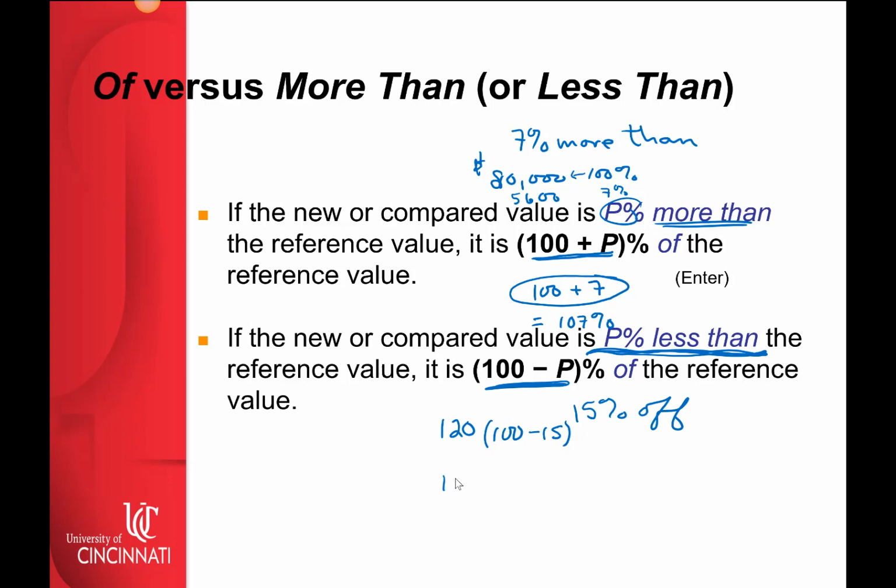So it's going to be the 120 times the 85%, but wait a minute, you multiply it as a percent, so it's 15% off the 120 times 0.85. How much is the jacket now? $102. Does that make sense how those discounts work?